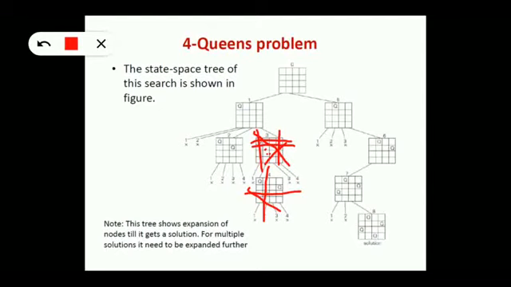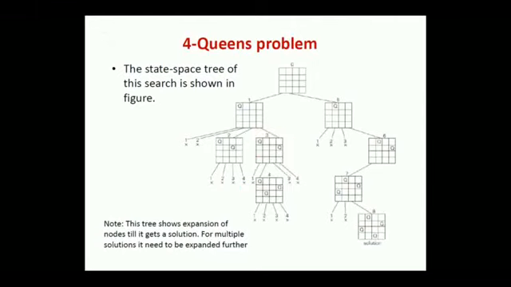And as queen 2 is at this location, you cannot place queen 4 on column 4, nor on any cell of row 2, and cannot place it diagonally too. And similarly, as queen 1 is on the first row, first column, we cannot place queen 4 on the first row, nor on the first column, nor on any of the cells in the diagonal. So it means that you have no position to place the last queen, queen 4.